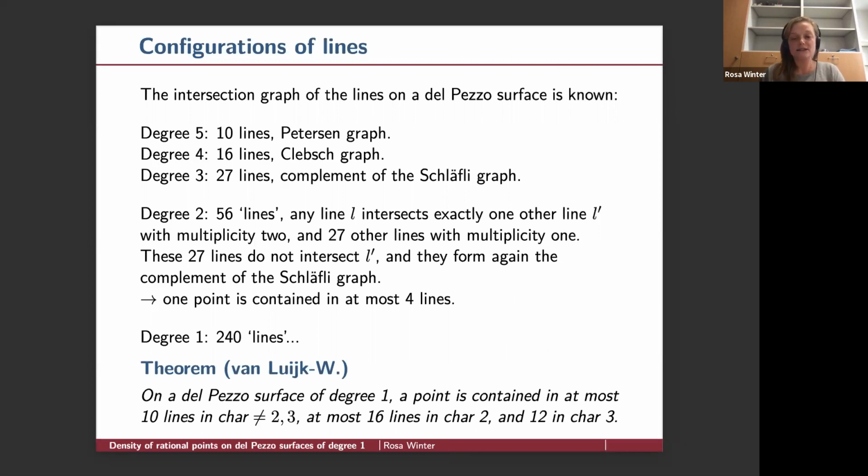So we see that with the same reasoning with this graph, we actually got a number of 16 lines that could pairwise intersect, but this number drops to 10 in almost all characteristics. So this already shows that the degree 1 Del Pezzo surfaces are a bit more intricate and a bit more difficult than the other Del Pezzo surfaces, and this we'll also see in studying their rational points.